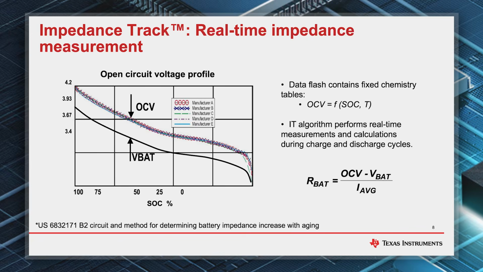So for all of our new gauges, it will be available both as impedance track as well as the dynamic Z-track choices. And the important part is that if this R, which is in this case the low frequency impedance, is being updated across the entire age of the battery, you can predict the runtime to the point where your system actually shuts down and not to some kind of arbitrary high voltage point.